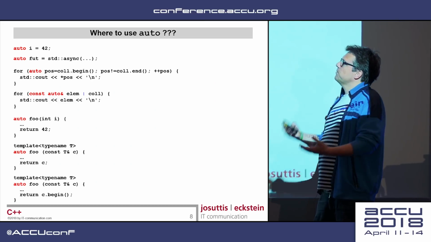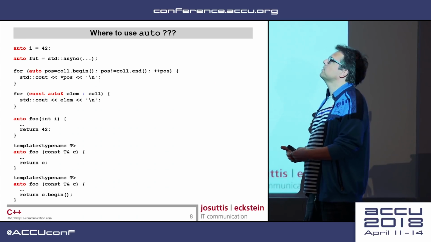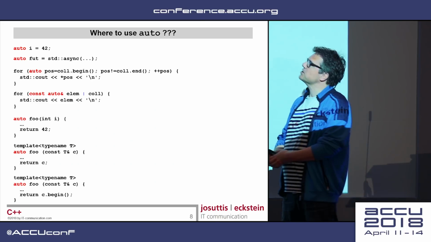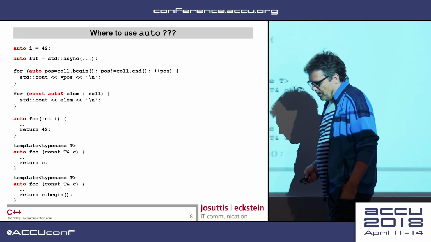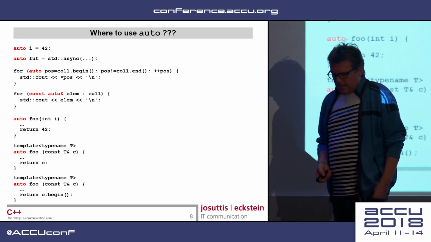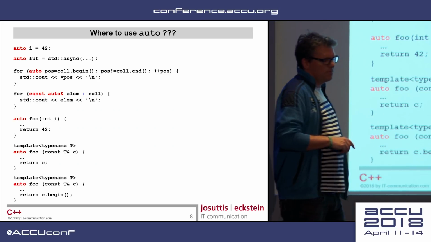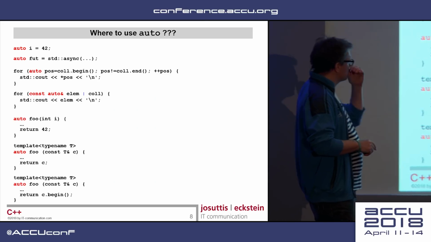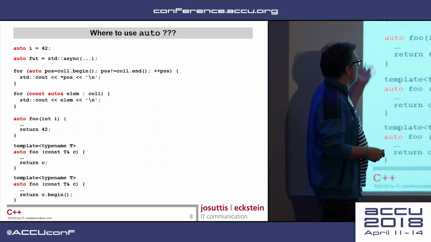Then we have the cases where we use auto instead of an iterator. Usually people think this is a good application of auto. Then we have the range-based for loops where we can use it. You have to make sure to use it by reference, not to make a copy of the elements in the container or in the range. And then we can discuss the different areas of return types.